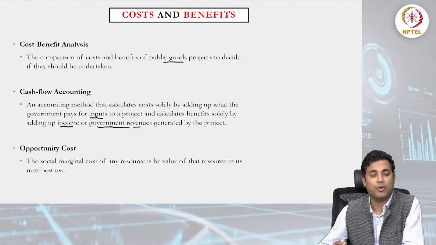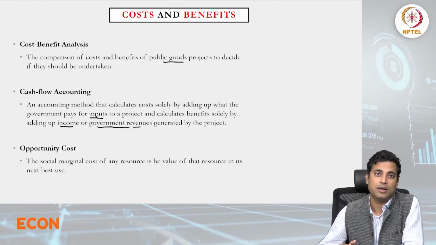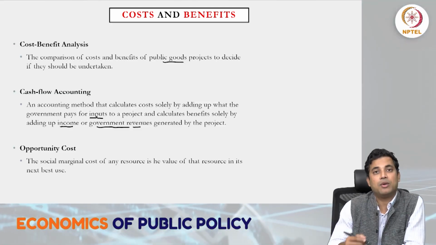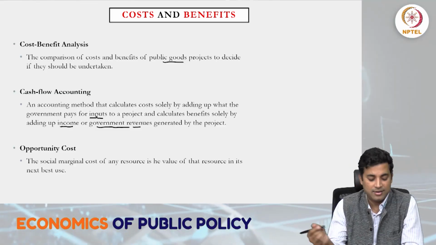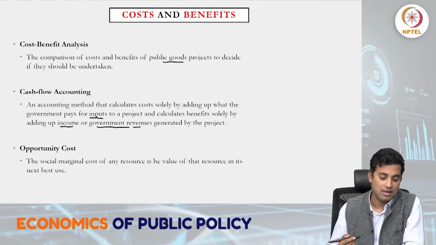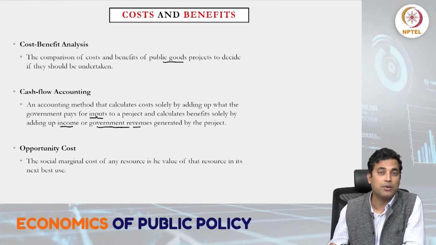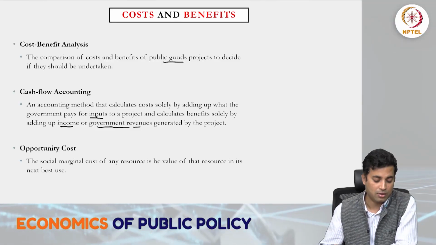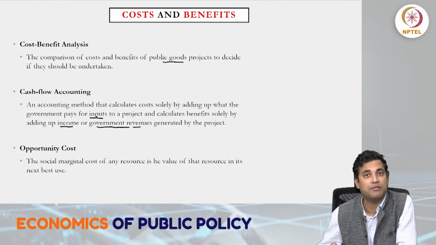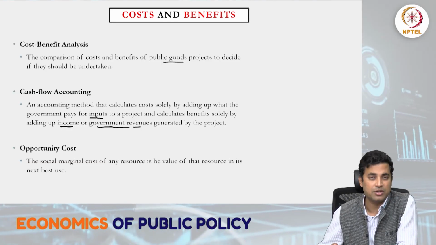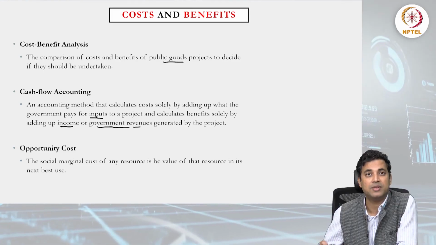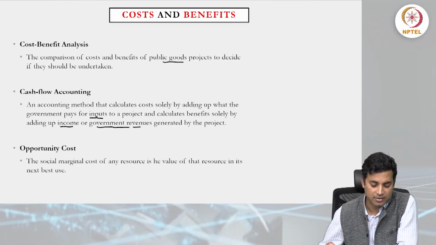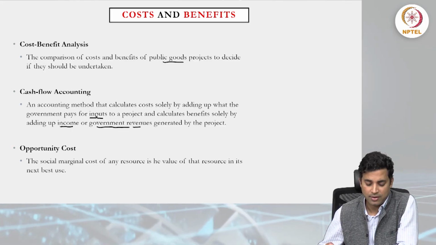This concept is very important throughout the economic analysis of public policy. In cost and benefit analysis, we generally calculate this opportunity cost, and in this context, opportunity cost is referred to as the social marginal cost, SMC, which we already discussed with regard to externalities of any resources.